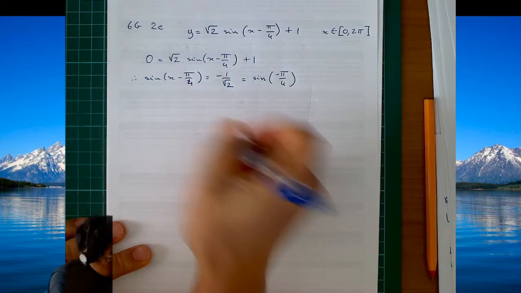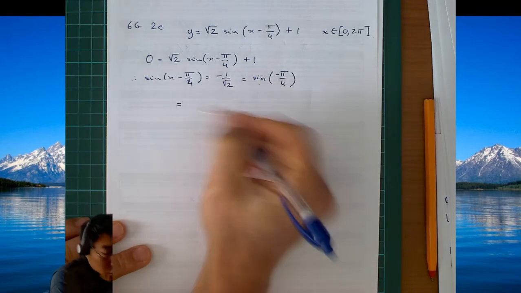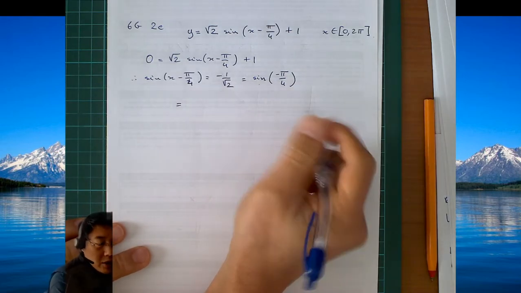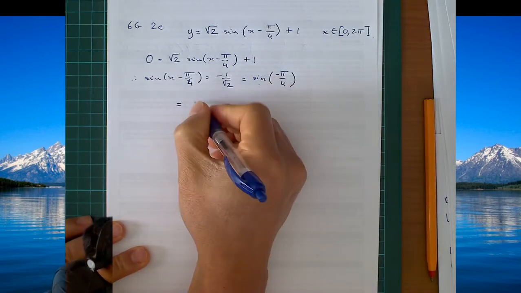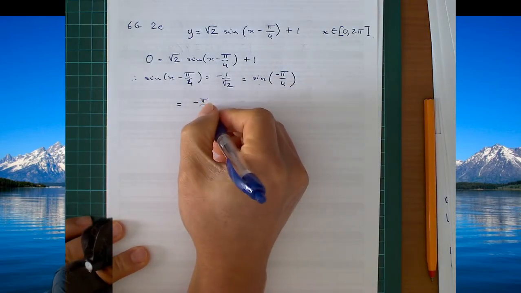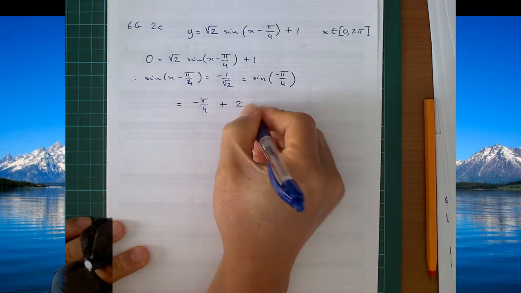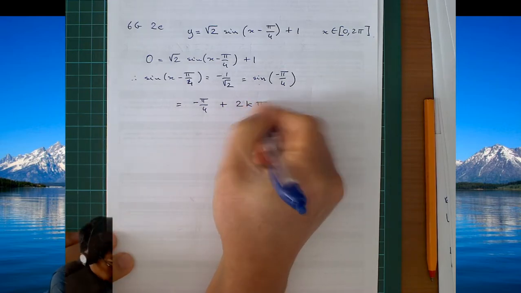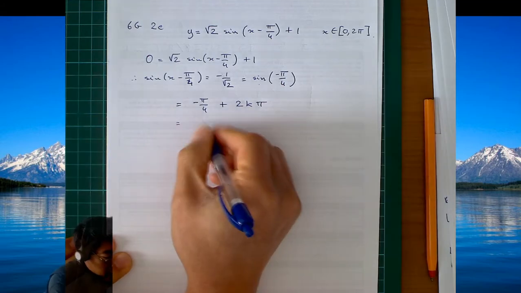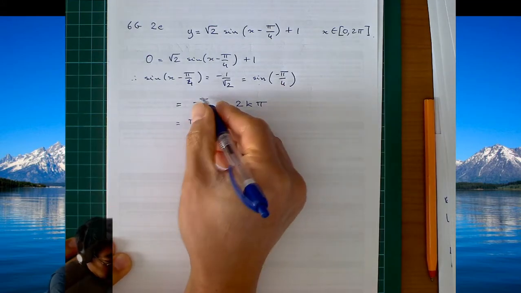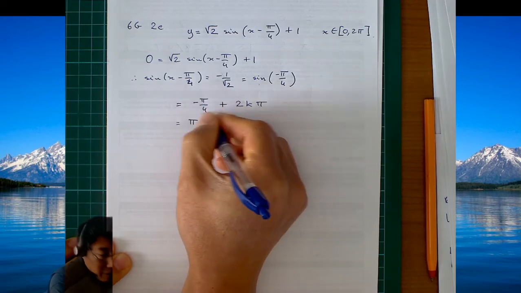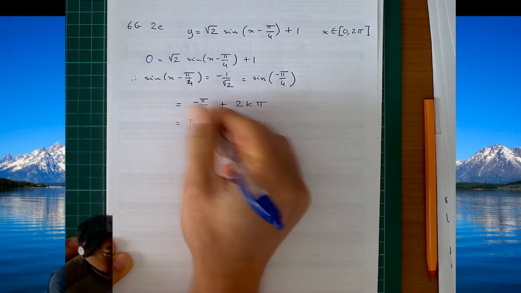So for sine, the general solution, you have a solution in the first and the second quadrant. In the first quadrant, it's going to be negative pi on 4 plus 2k pi or n pi. And the one in the second quadrant, it's going to be pi minus theta, where theta is the first value I found.